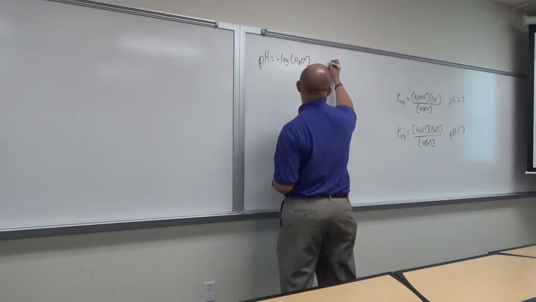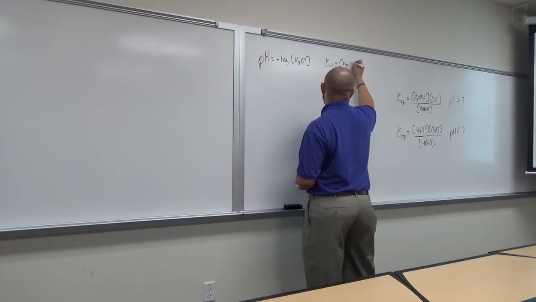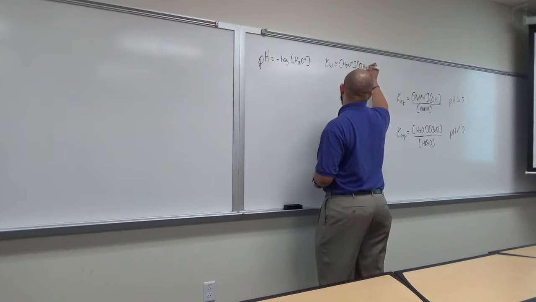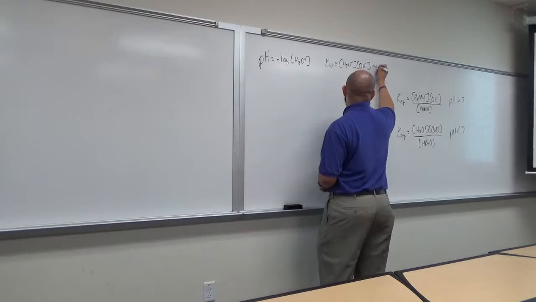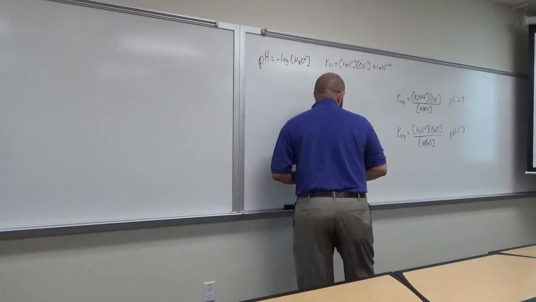So we have pH, and we also need to remember that Kw equals [H3O+][OH-]. And this equals 1 times 10 to the negative 14 at room temp.